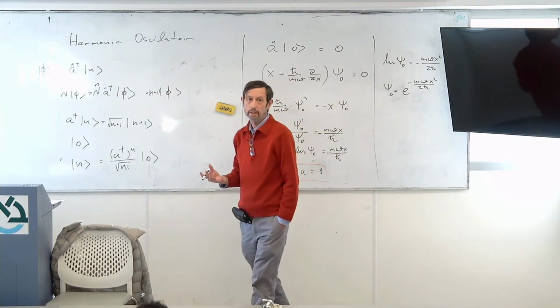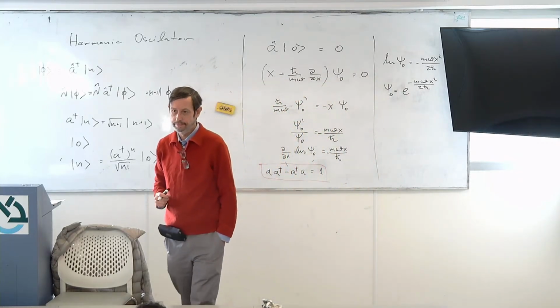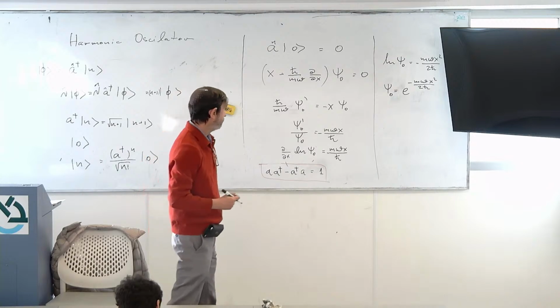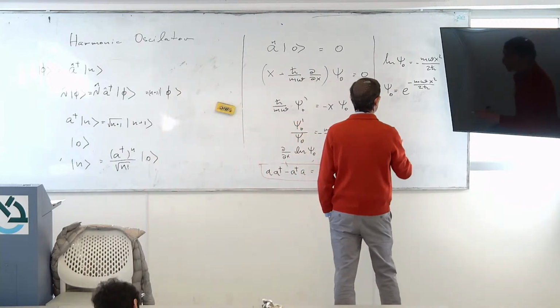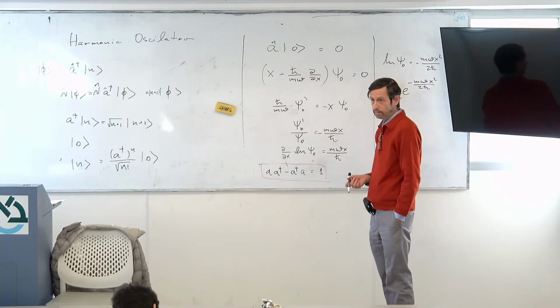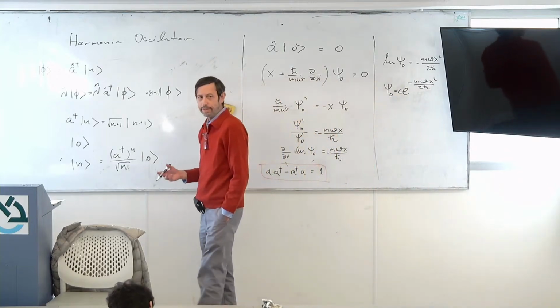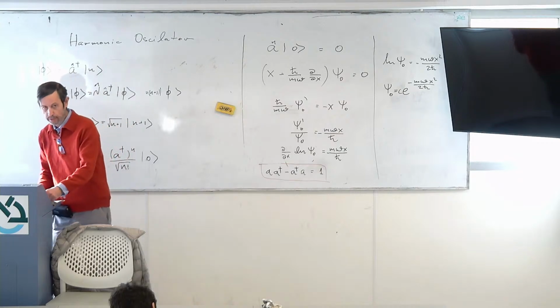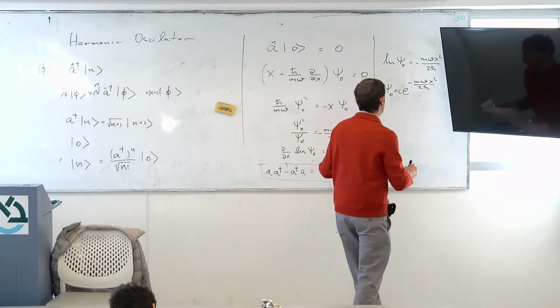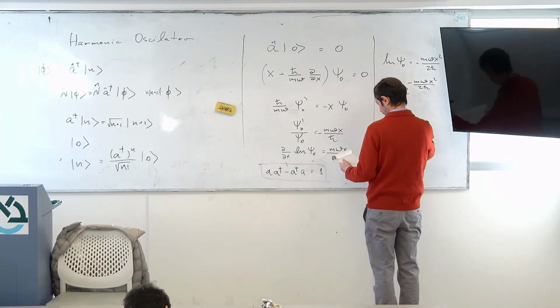So the ground state is a Gaussian. The only thing I'm missing is the normalization. And to integrate Gaussians, we are already experts, so I'll just copy the result.